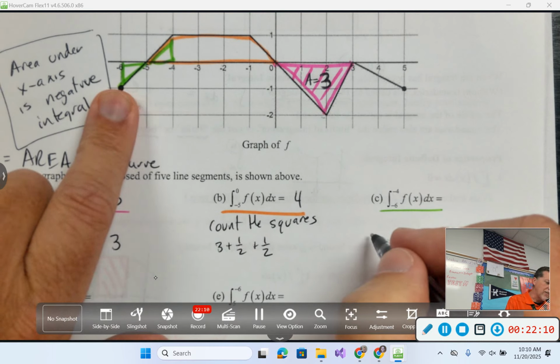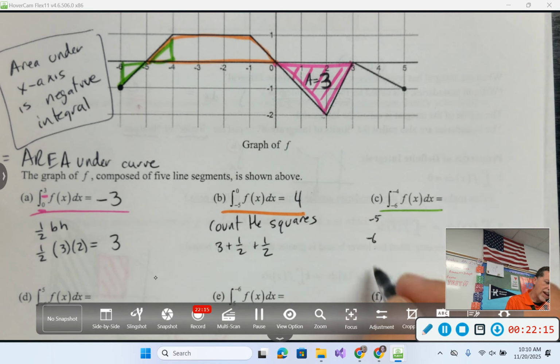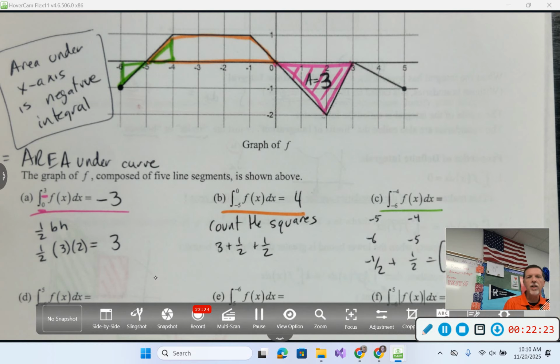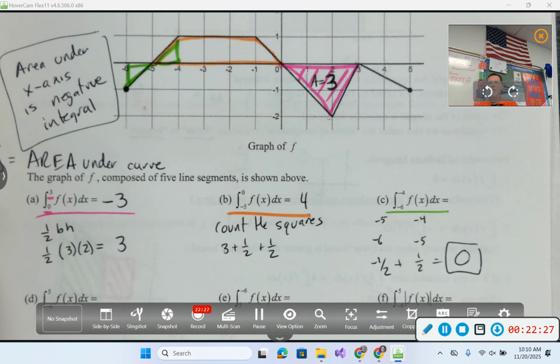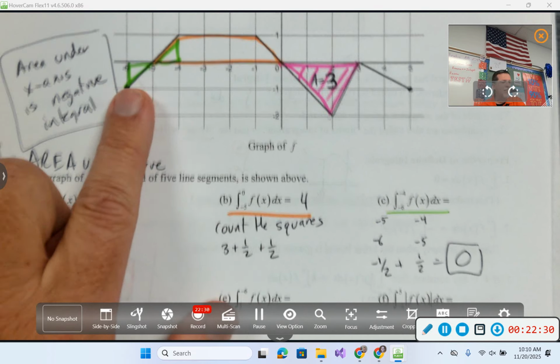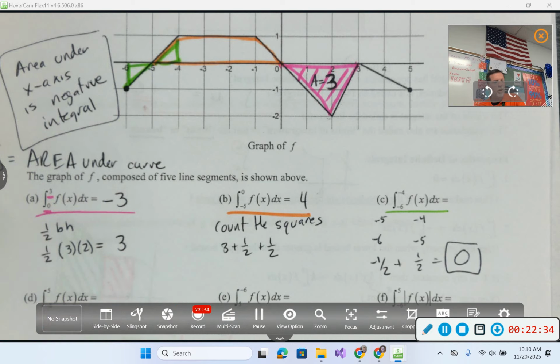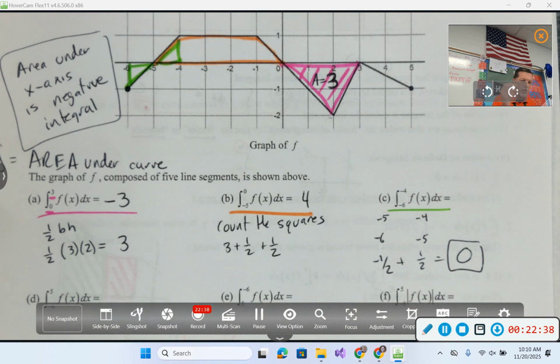Right, so from -6 to -5, that answer is -1/2. But then from -5 to -4, that answer is a +1/2. So the total is 0. So that one, again, the negative area is what throws people off sometimes. So the total green area is 1, sure, but half of it's negative, half of it's positive. So combined, it makes 0.